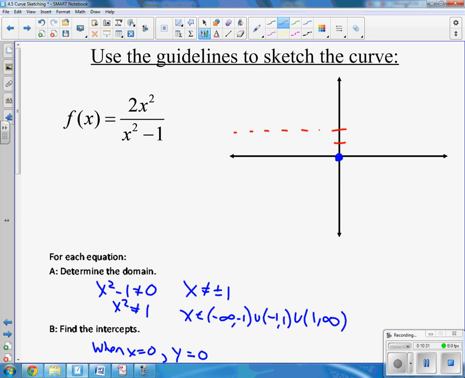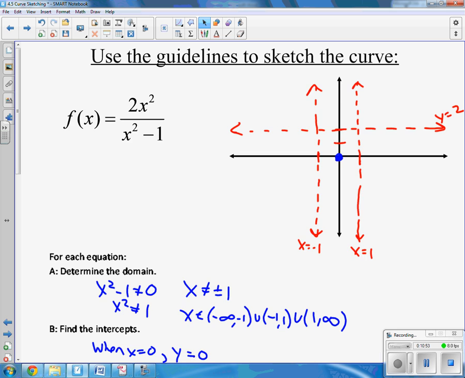So I'm going to sketch that one here. And then I have my vertical at x equals 1 and negative 1. All right, so I've got those three on there now.